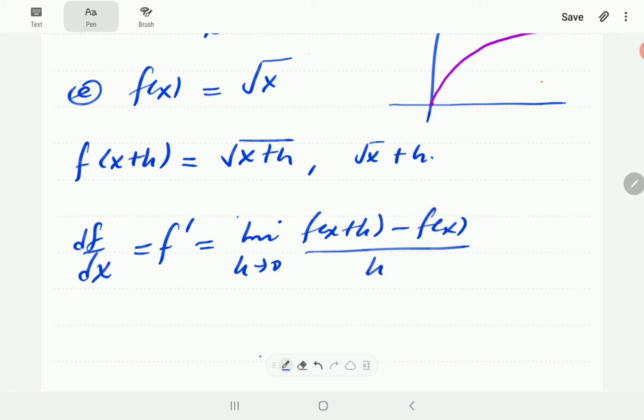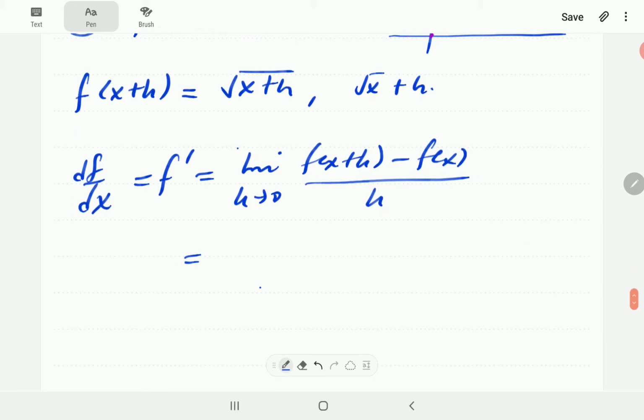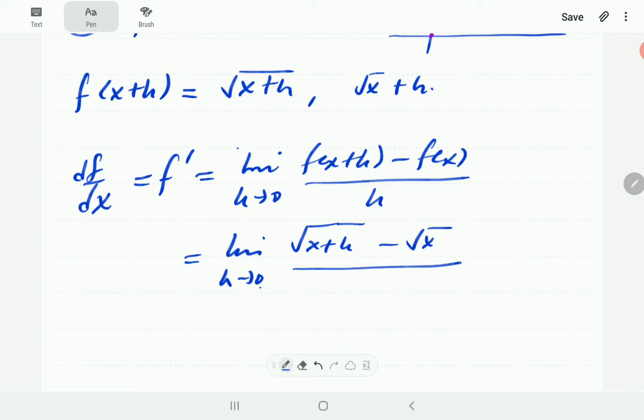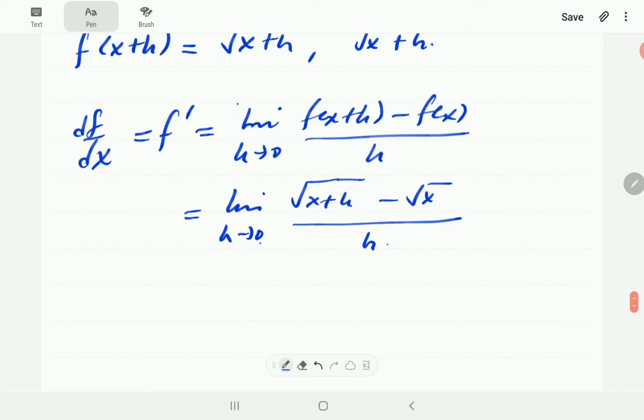Notice that I am always starting with the formula, and this is advisable.